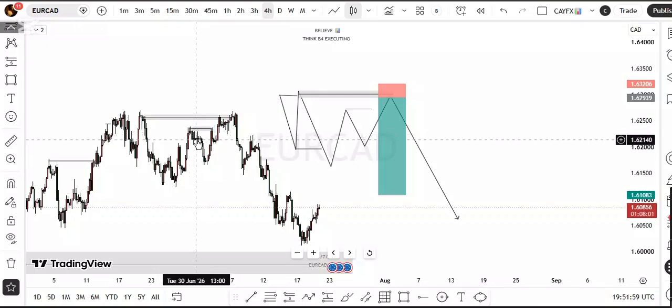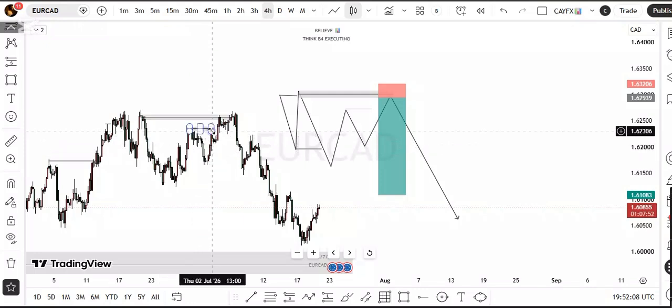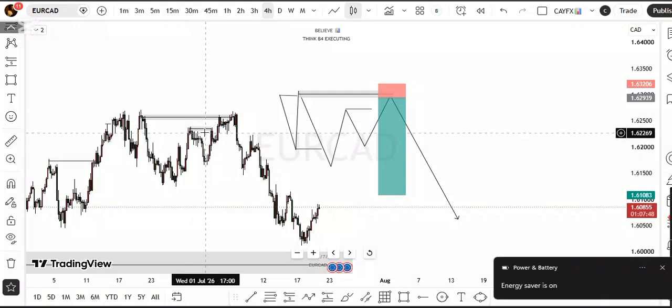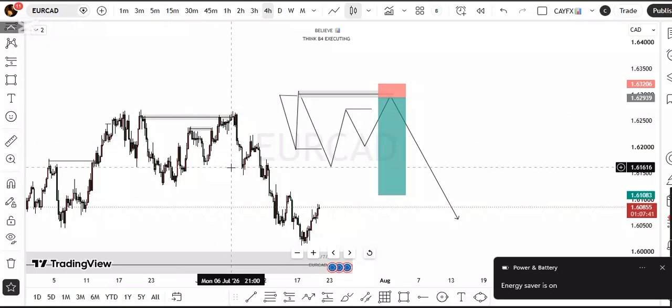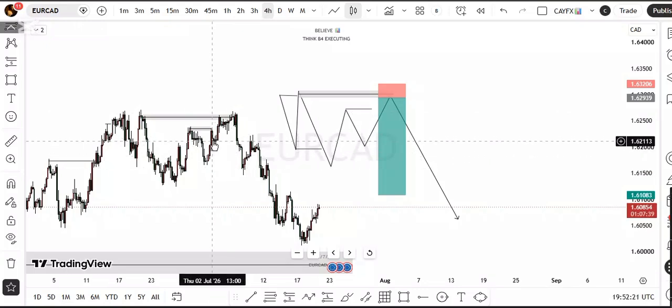So now the market gave a liquidity. See, it gave a liquidity here, and did a pullback, came down here, tapped, and gave a fake move. I want to plug my system. So now it gave a fake move where you want to sell.